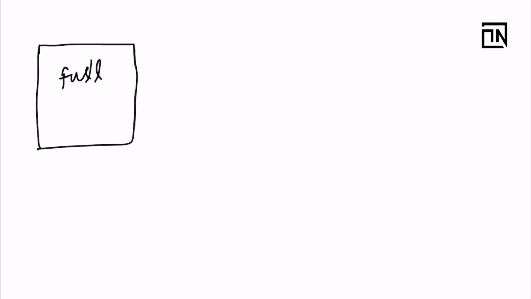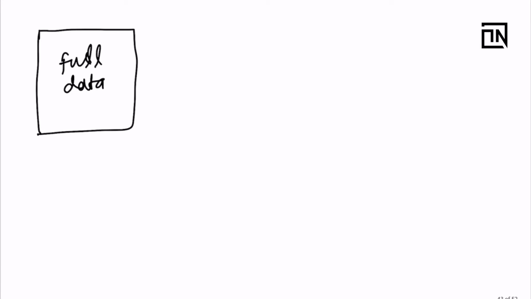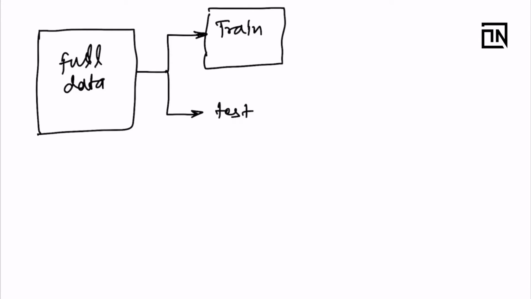Whenever you do machine learning, you have the total full data with you, all the historical data, but you don't use the whole data in your machine learning training. So what do you do? You split it into a train portion and a test portion. A significant amount of data is training.